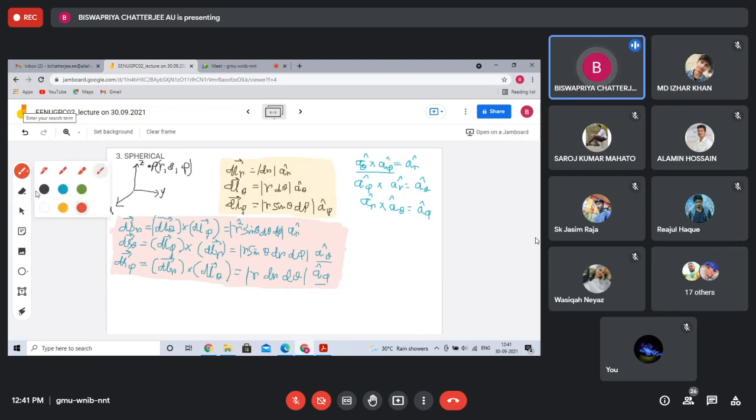So dv is equal to r square sin theta dr d theta d phi. So this is the formula for the differential volume element.